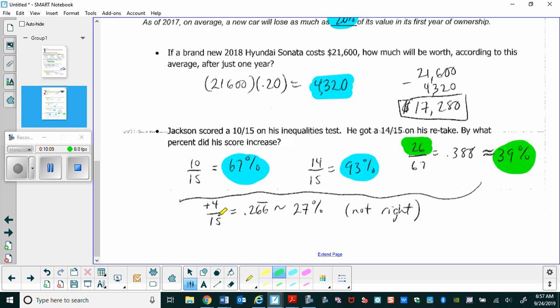And while I can certainly see thinking that might be what you do, you're not really taking into consideration the value of his original score and the value of his new score, and how those two scores compare. Okay, so this is not how we want to approach this problem. We want to calculate the difference of his two scores and divide by his original score.